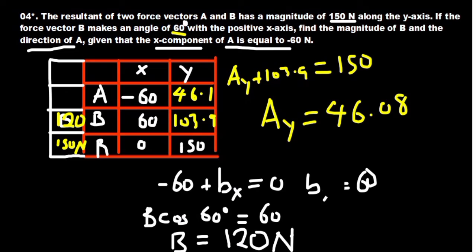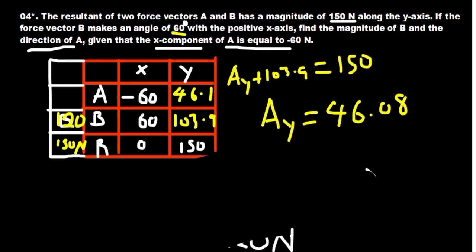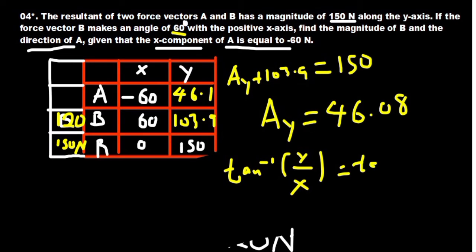Then we know that direction can be given in terms of an angle. How do we find the angle? We've mentioned that it's tan inverse of the y component over the x component. In this case, our y component is 46 and our x component is 60.